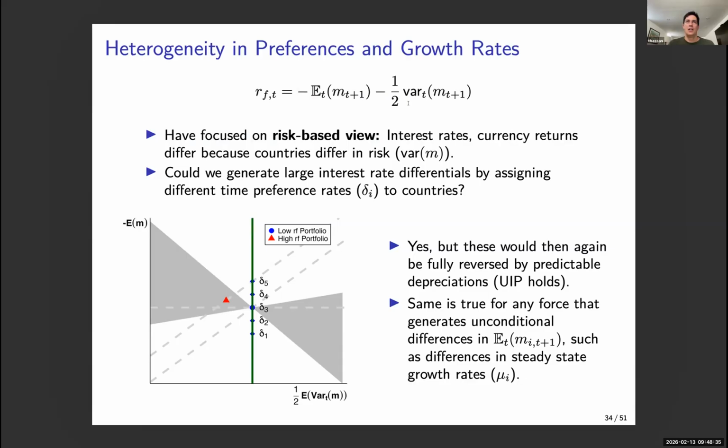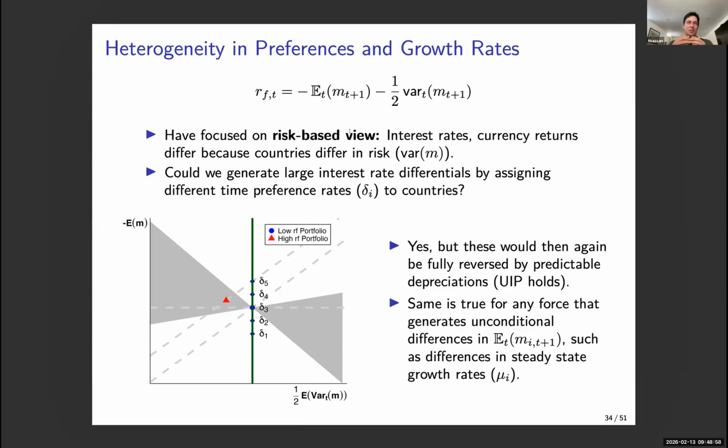I call this the risk-based, the finance view of interest rate differentials. The finance view is that basically they exist because somebody needs to be making a return for taking on risk. The countries with low interest rates are the countries that have safe currencies.